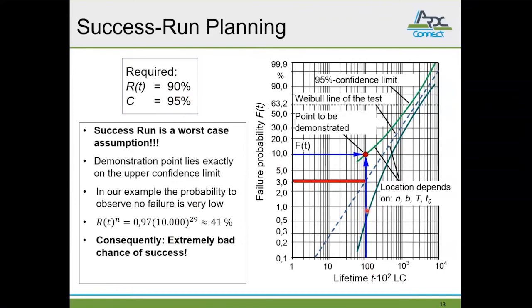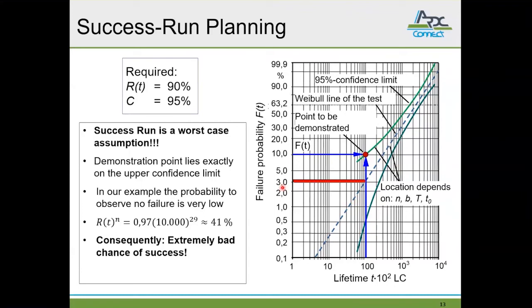So just imagine our real failure behavior. We will never know it with a success run test, but just imagine that the dashed line is the real failure behavior of your product. That means that every sample we are going to test until the 10,000 life cycles has a failure probability of exactly, in this example, 3%.